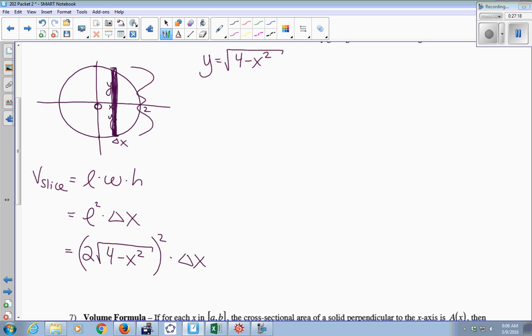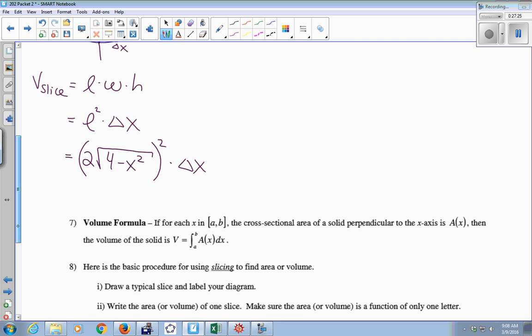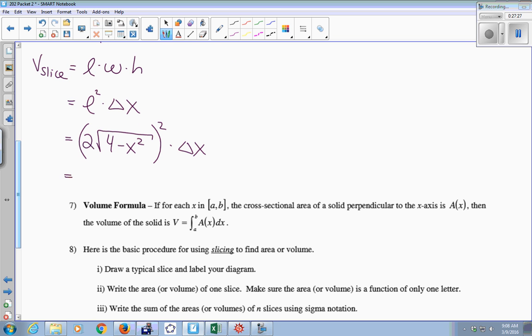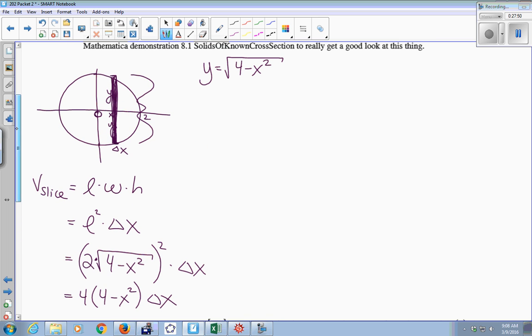So that's the volume of a single slice. Let's simplify it quickly. When you're squaring a product, you just square each piece. So this becomes 4 times the square root squared, which cancels, and that becomes 16 minus 4x squared when you distribute.